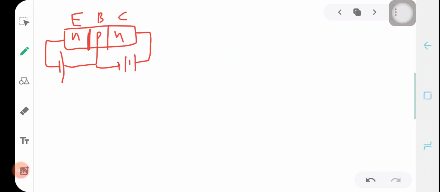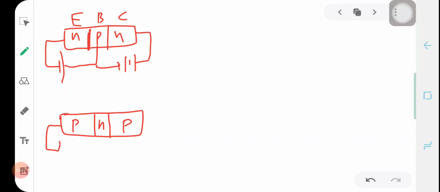And if it is a PNP transistor, we can have this type of arrangement. The emitter is P, the base is N, and the collector is again P. Since the emitter is a P region, it should be connected to the positive terminal of the battery, and the negative terminal is connected to the N region, which is the base, so that the emitter base junction is forward biased.